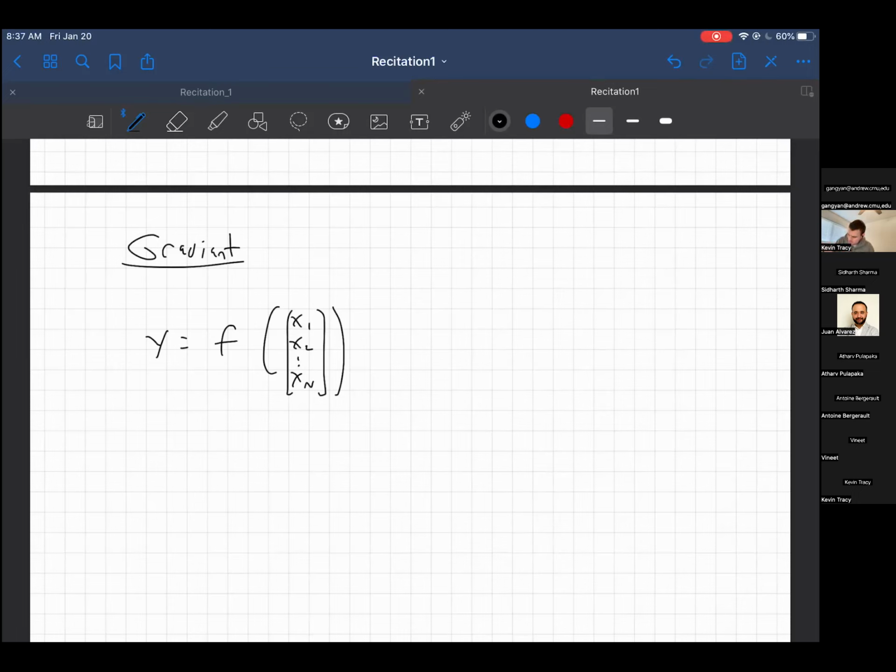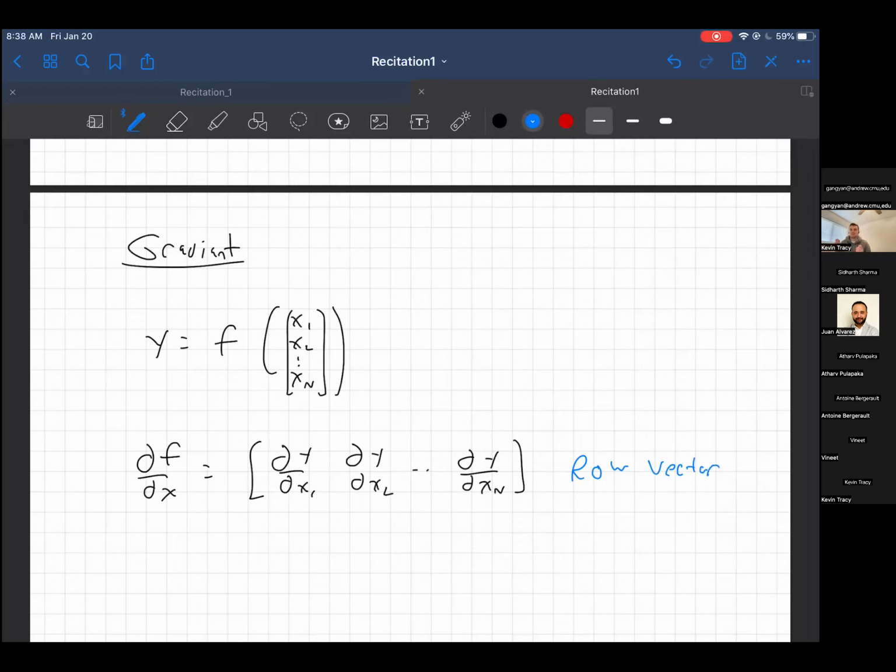So if I do df, dx, what I get is dy, dx1, dy, dx2, up to dy, dxn. And this is a row vector, right? Since the number of rows is the number of outputs and the number of columns is the number of inputs, this is always going to be a row vector. If the output is a scalar, the Jacobian is a row vector.